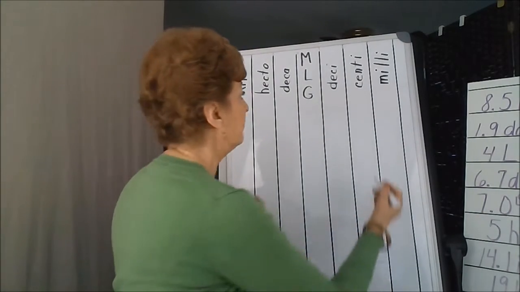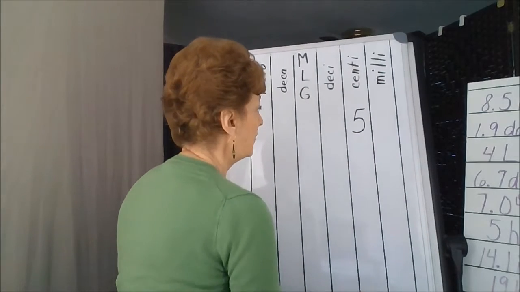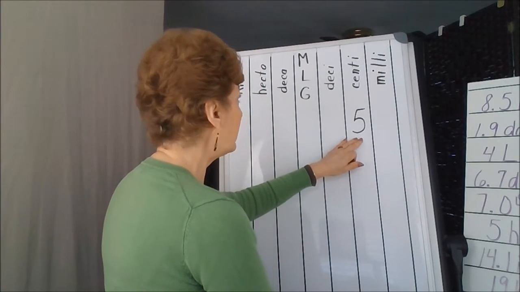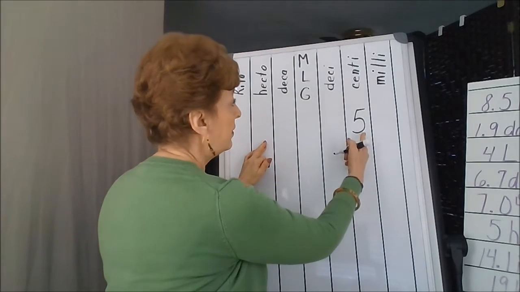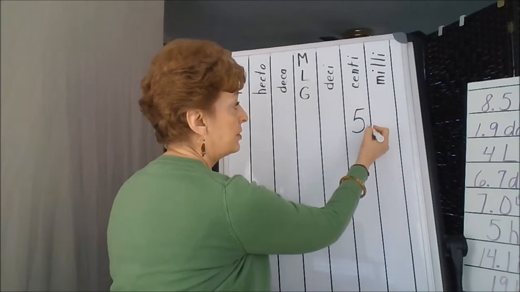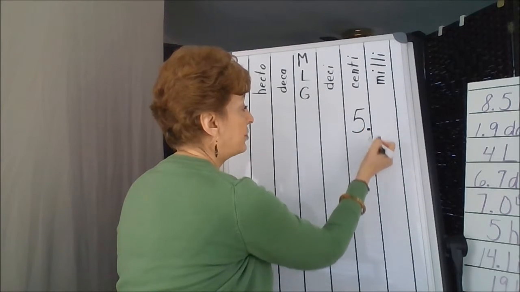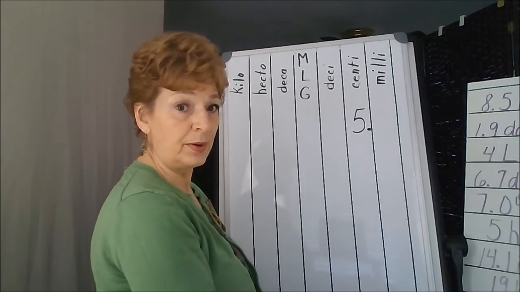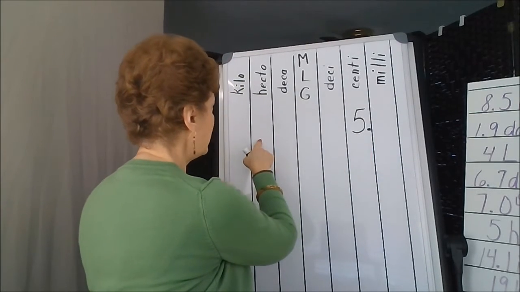Let's say we have 5 centimeters, and we want to know how many hectometers that might be. The 5 has an understood decimal point after it because it's a whole number. We want to change this now to our hecto.